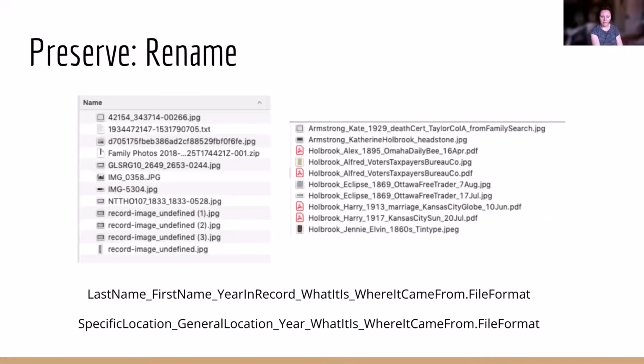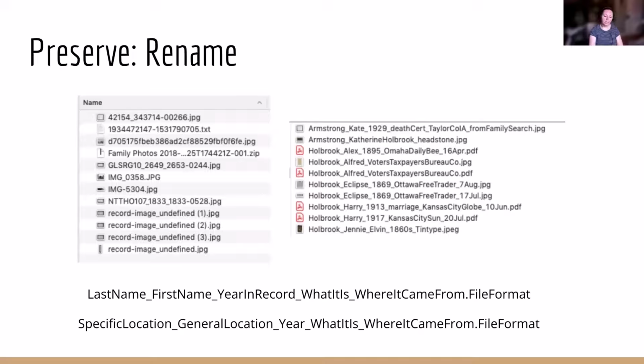All right, now the renaming part. So right before you move it into your archive, you're going to take it from the list on the left-hand side here of all the random naming things that are there, and you are going to come up with a standard way of naming your files. So one of the recommended ways that I would recommend is something like this at the bottom.